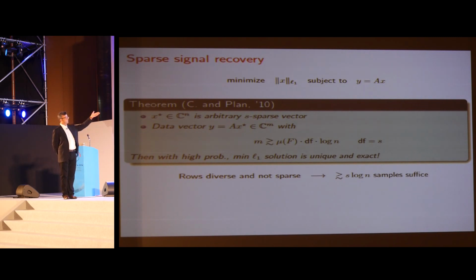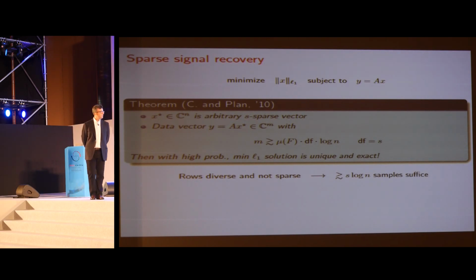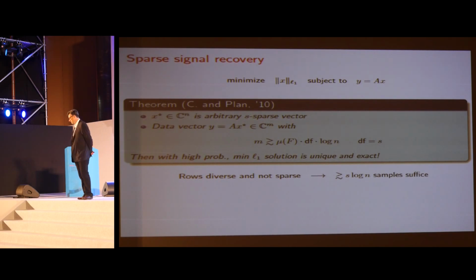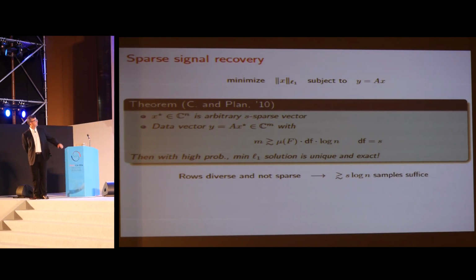So here I have a little slogan, if you will, which is that if the rows are diverse and not sparse, then the coherence is very low, as we've seen, essentially equal to 1 or a few units. And whenever you see a wiggly sign, it means that there's a numerical constant. What this says is that I can recover S-sparse vectors from roughly S log n measurements under incoherence.